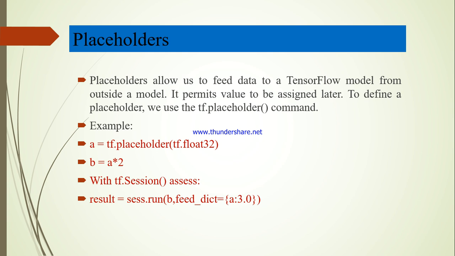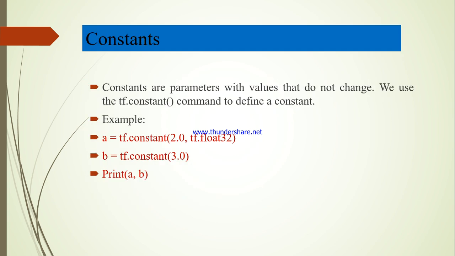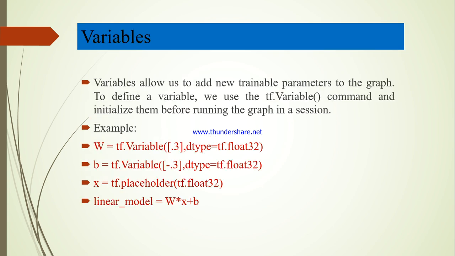So what are variables? Constants are immutable, but variables are mutable. That means these are always helpful to add new trainable parameters to the graph, and we can define a variable with the help of the syntax tf.Variable. For example, we can assign W = tf.Variable(.3, dtype=tf.float32).